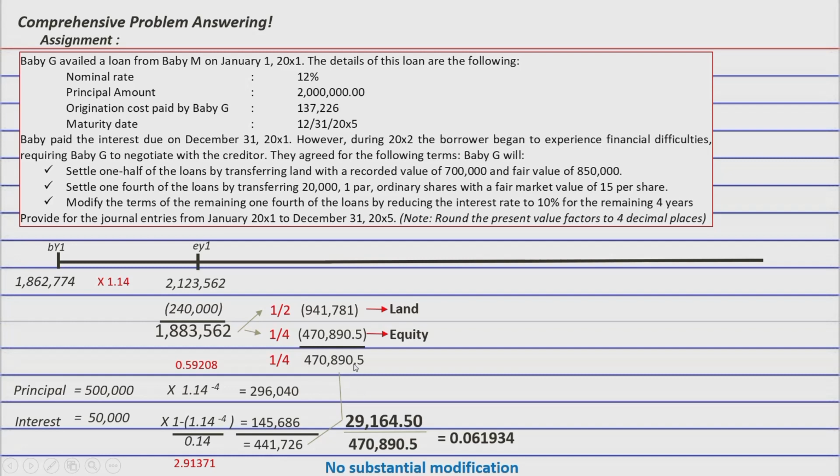Okay? However, the problem is we need to find another rate to be applied in these new payment terms because it's very clear that we cannot use 14% already. Because if we do that, it will result to this. We wanted to have a rate that will result to this old liability balance. Okay? So how do we do that? Let's talk about that after this.